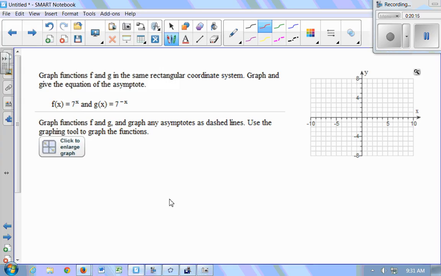Good. Okay, so 7 to the x should go through 0, 1. There's 7 to the x. And then 7 to the negative x is the reflection of this guy over the y-axis. And the asymptote for both is y equals 0.